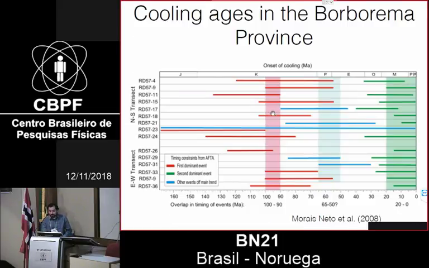And this can explain the cooling age observed in the Borborema province. Probably this protracted cooling history can be related to only one pulse of uplift, and the presence of this resistant layer to erosion created this complex cooling history of the rocks at the top of the basement.